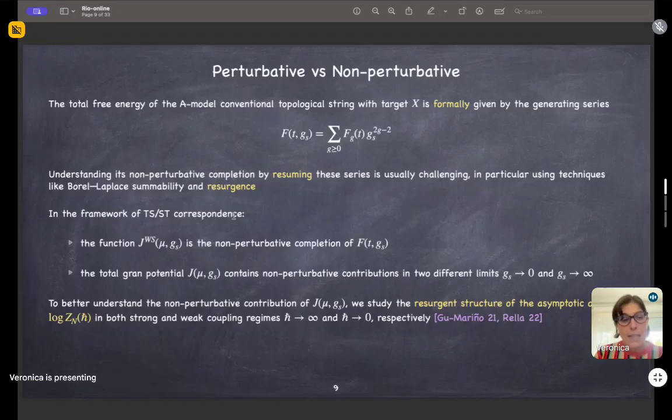And so, in a sense, the generating function of the Gopakumar-Vafa invariants can be thought of as a non-perturbative completion of this formal function.